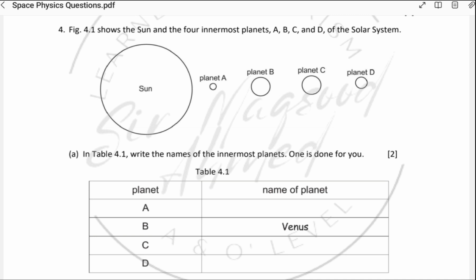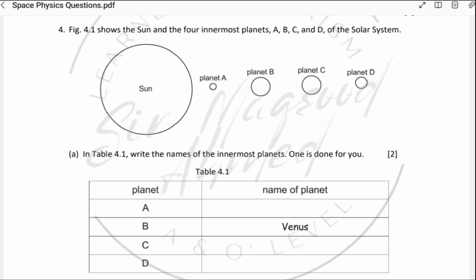Question number 4. Figure 4.1 shows the sun and the 4 innermost planets A, B, C, and D of the solar system. Part A: in table 4.1, write the name of the innermost planets. One is done for you.